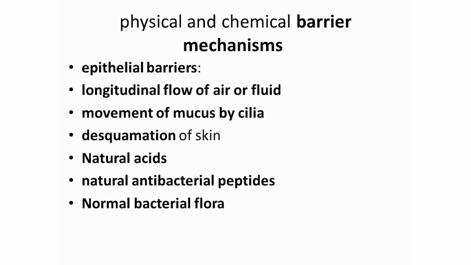Physical and chemical barriers, the first line of defense. There are epithelial barriers, there is longitudinal flow of air and fluid, because it's not only skin there, but there is a longitudinal flow of either air or fluid. There is continuous movement of mucus by cilia, desquamation of skin, natural acids, and normal bacterial flora.